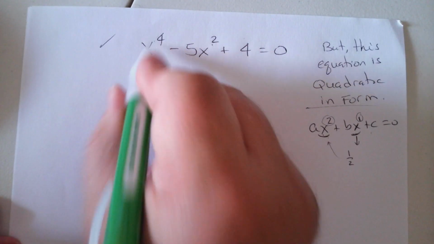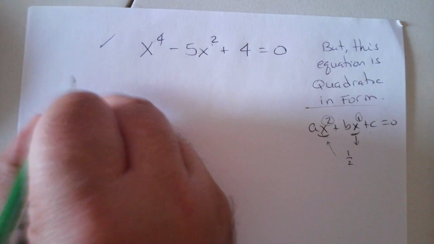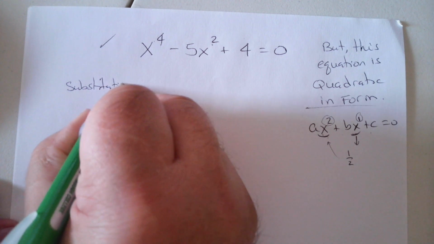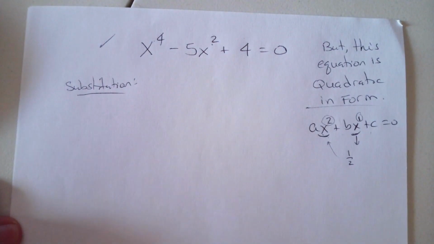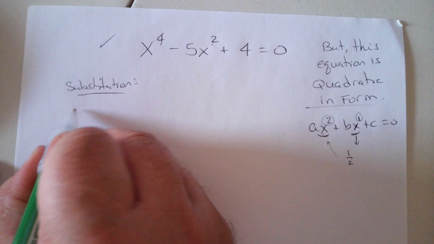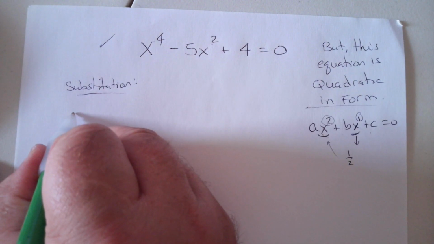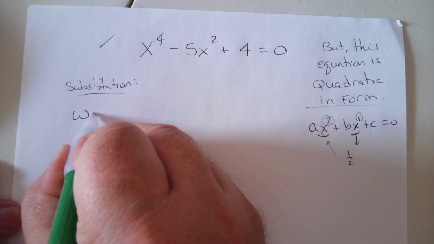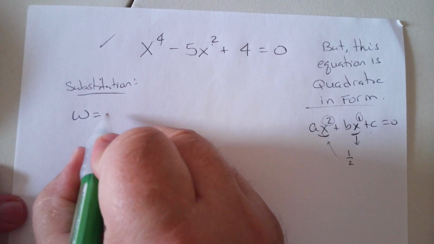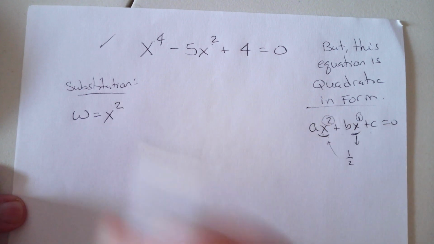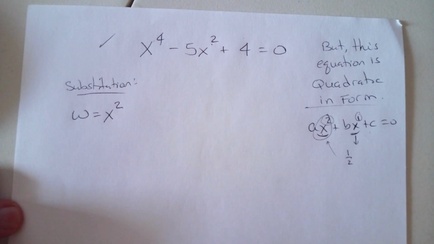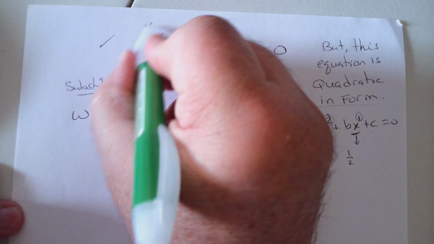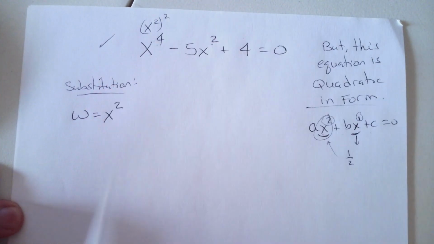In other words, with this one, what we could do now, it's called substitution. Let's say instead of x we use w. W equals x squared, because that's our first term we want. X to the 4th is actually x squared squared.